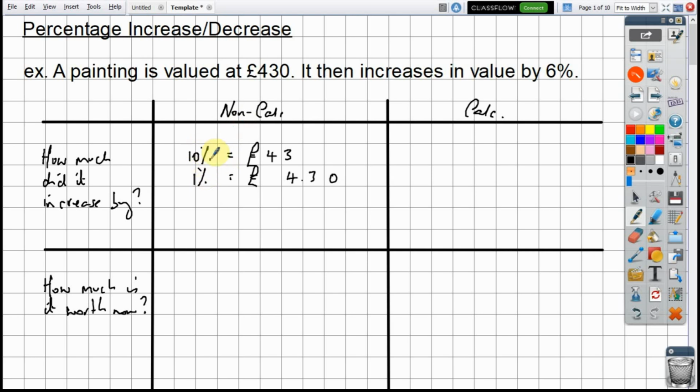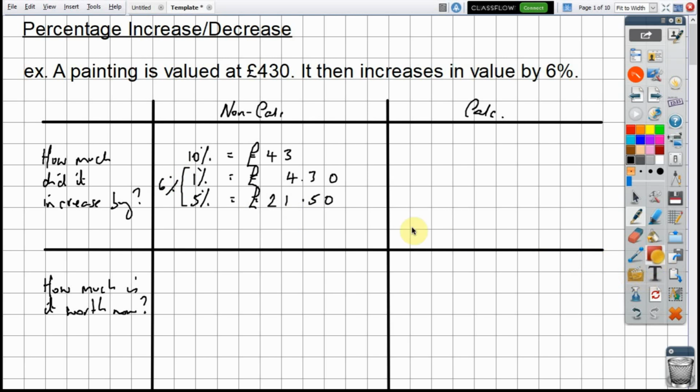The next easiest thing to do is actually work out 5%. 5% is a half of 10%, it's a half of £43. A half of 42 is £21, £21.50. And here then, I have my 6%.